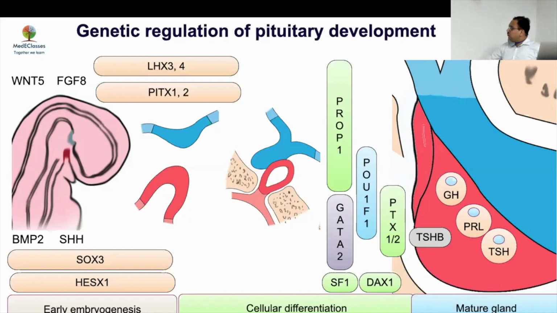Now, Prop1 is also controlling GATA, which is controlling the gonadotrophins, and it has some effect somehow on the ACTH axis. The exact reason for that is not known, and that is why not everybody with a Prop1 mutation will have a problem with the ACTH. ACTH is very, very important for the body. If you talk about all these hormones in the pituitary, TSH, LH, FSH, prolactin, GH, and ACTH, the least important is prolactin.